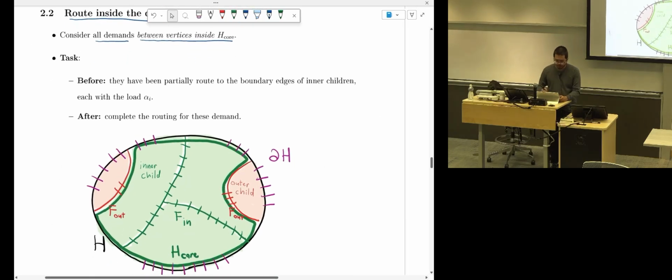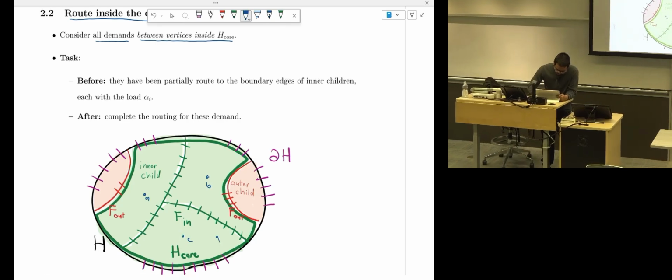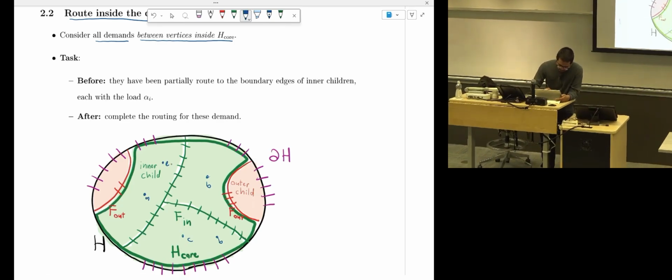So what do we have here? We have maybe A, B, C, D, E. So far, everything has been routed to the battery. You have routed them to the battery.